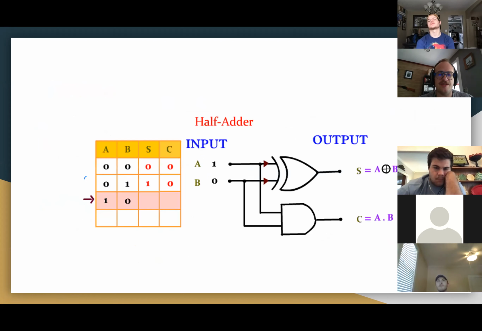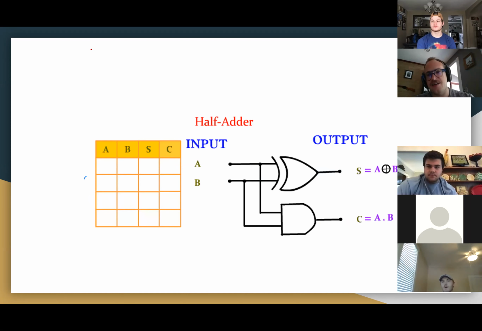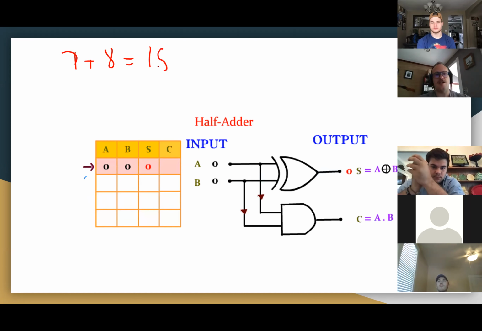So this is a 2-bit adder. It doesn't have that great a capability to replicate mathematical addition. But once we string a bunch of these together or make a more complex circuit, we're able to do things like add 7 plus 8 equals 15. How would we do that?